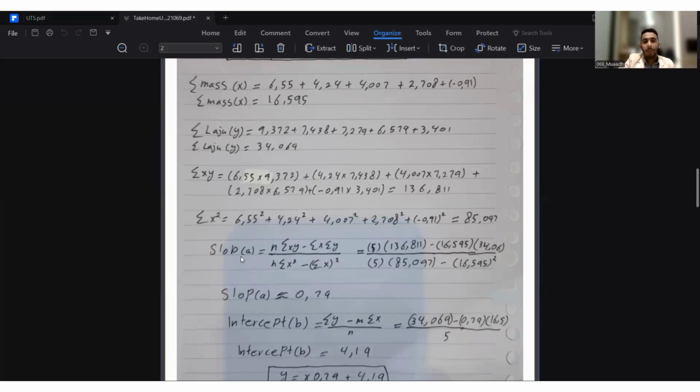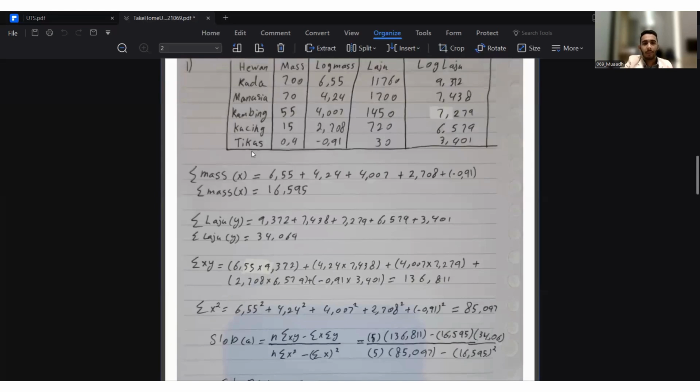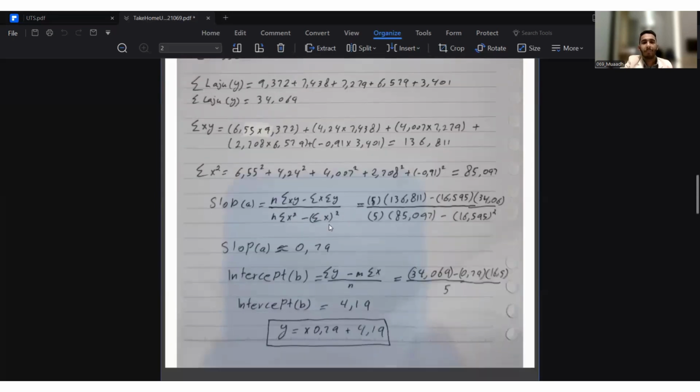Calculating the slope, a, with n the number of animals, which is 5: n multiplied by the total of xy minus the total of x multiplied by the total of y, over n multiplied by the total of x squared minus the square of the total of x.